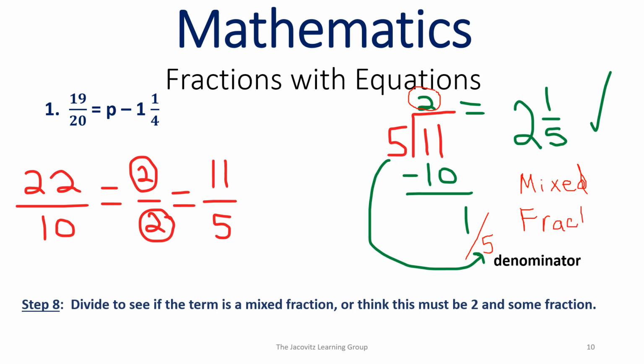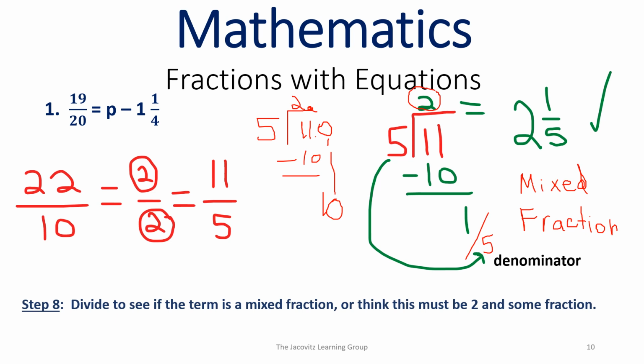But if you really want to think about what's going on with the decimal, what you would do here is you would go 5 into 11, and you go 2, 10, you have a remainder. So you put a dot here for your decimal, put a dot here, and it's always a 0. So you carry your 0 down, and you get 10. 5 times 2 is 10, and then it kind of comes out even.